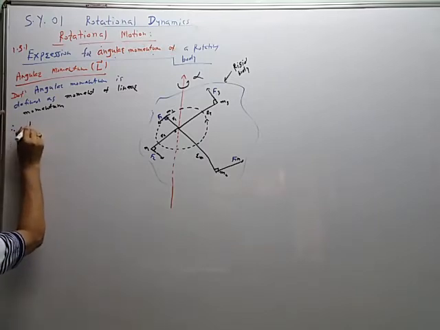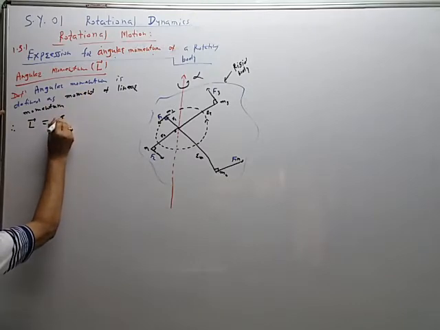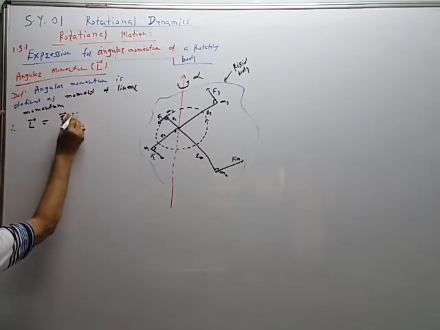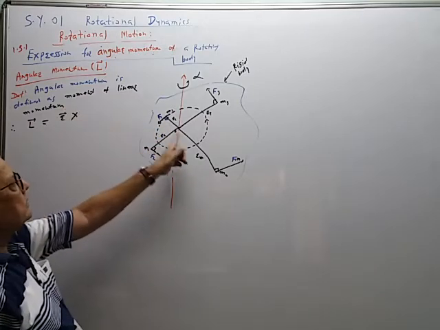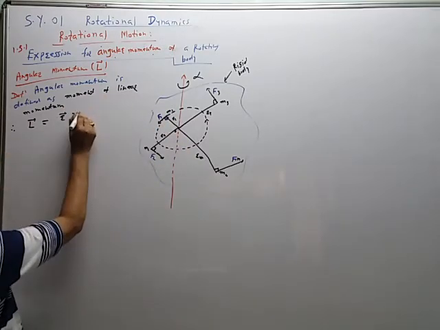Therefore, in vector form, when we take moment, we know that it is the cross product with the moment arm vector. So for the first particle, R1 is the moment arm vector, cross linear momentum.